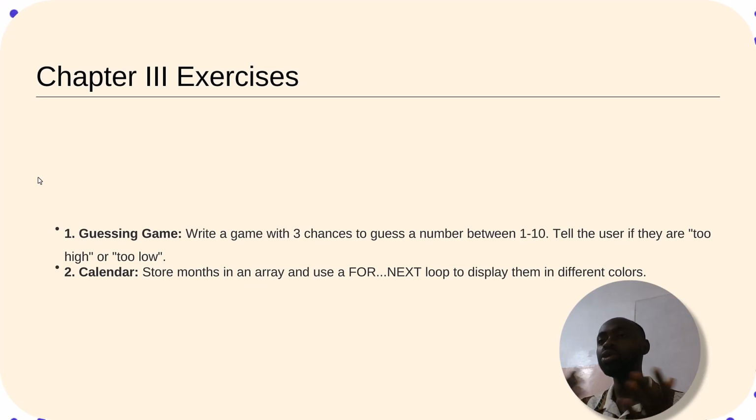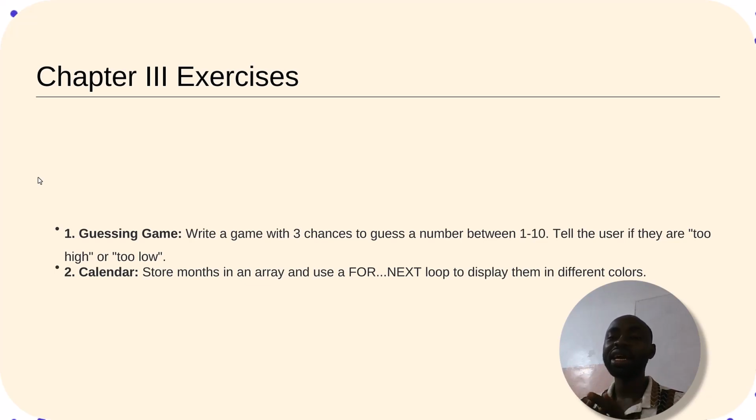And you tell the user if it is too high or too low. So write a game with 3 chances to guess a number between 1 and 10. The user will guess that number using the INPUT command, and if the user gets it correct, there will be a printed message, you are correct. This is just the logic part of it.